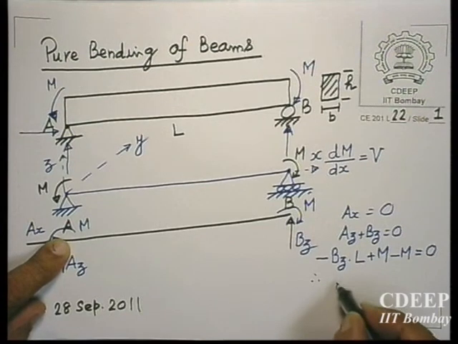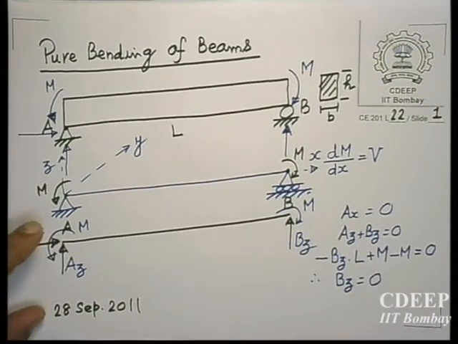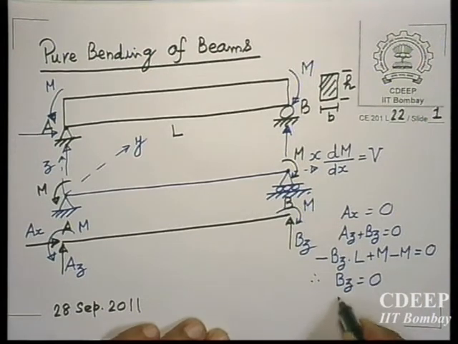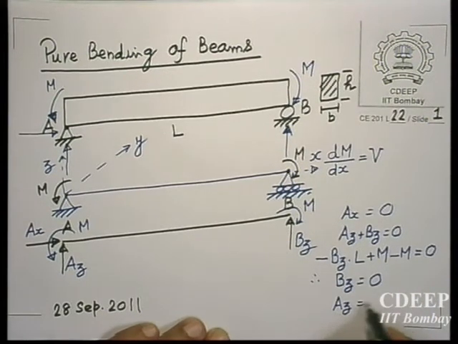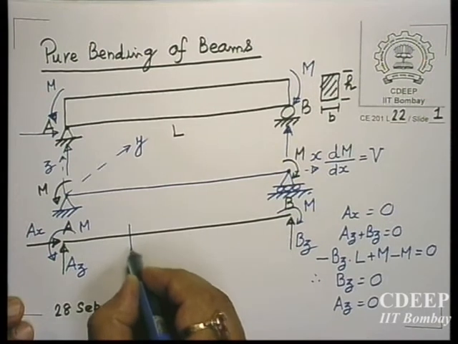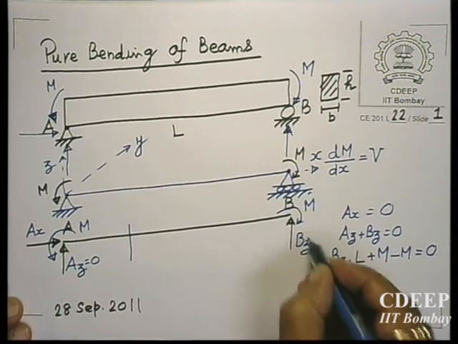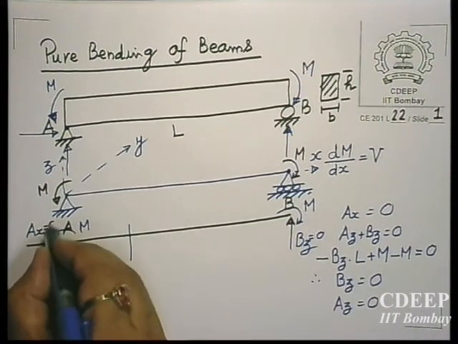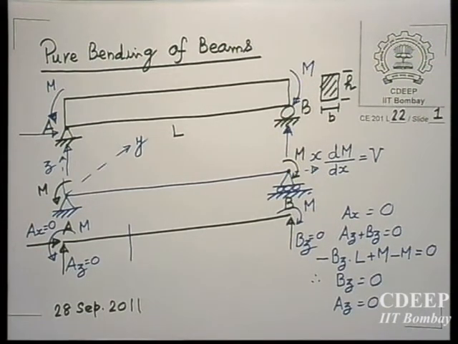Therefore we get BZ equal to 0. Since BZ equal to 0, from equation 2 you also have AZ equal to 0. So at any cross section, if I cut it here, this is 0, this is 0, and this is also 0. Still you are having load on the member, but no support reactions.